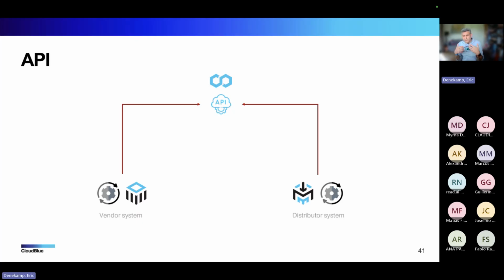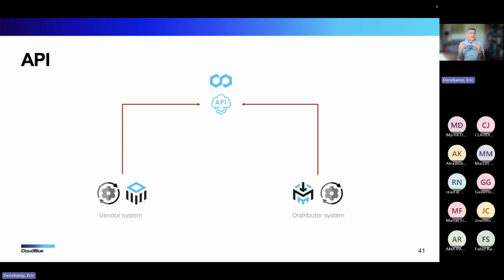And there's even one step further. Some modules are readable only by the distributor, whatever API key you have, like products. As a distributor, I cannot create a product. On the vendor side, I can do that. So depending on your authentication and thus authorization, you get access to specific methods.